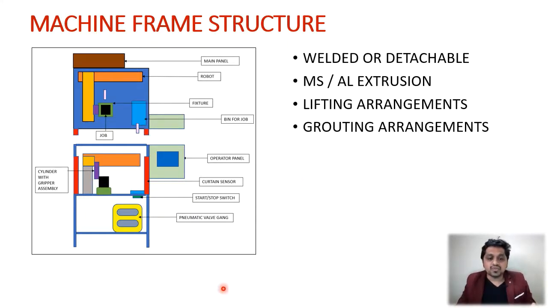So you can consider eye bolts for lifting the machine, or you can have some kind of flanges and lift it with the help of ropes. And then we can have some arrangement at the bottom side for the forklift. These kinds of things are also required to be considered, right?